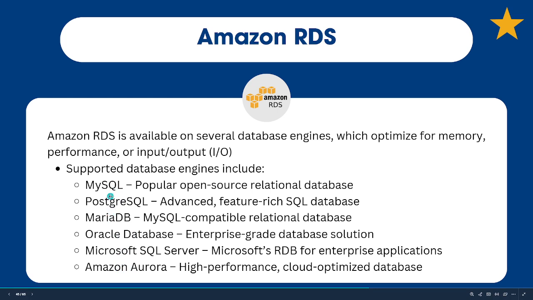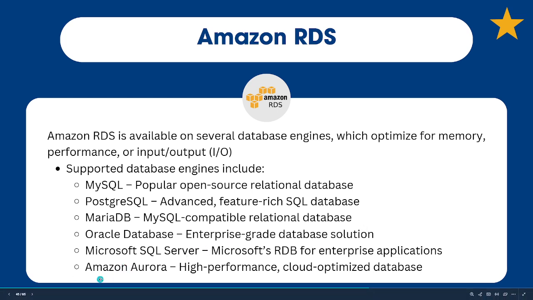Personally, I've only used MySQL and Postgres in my job and in my academic career. There's so many different flavors of databases out there. The two main categories though we'll learn are SQL databases, the relational ones, and then the non-SQL or non-relational, which we're going to cover shortly.